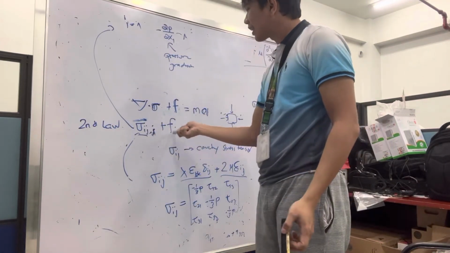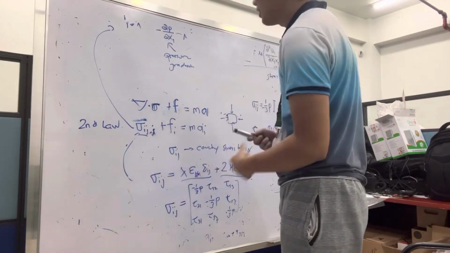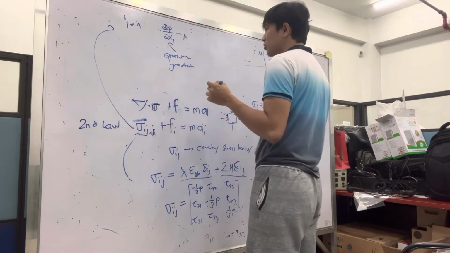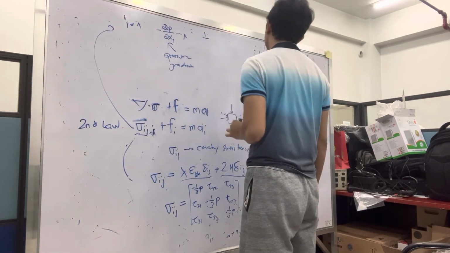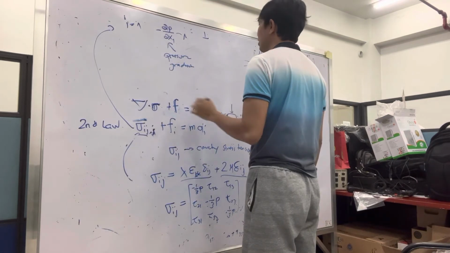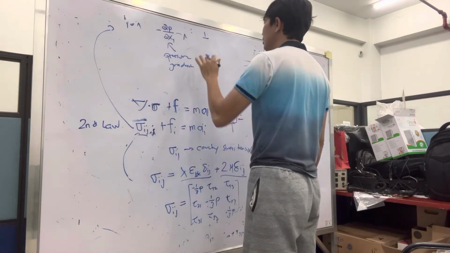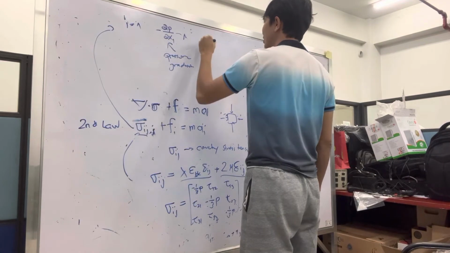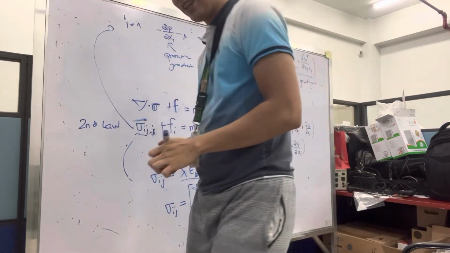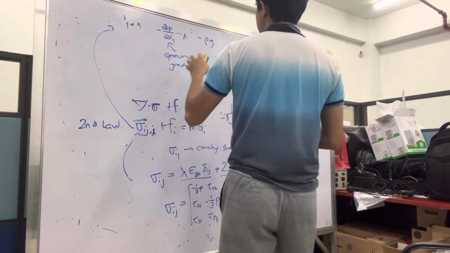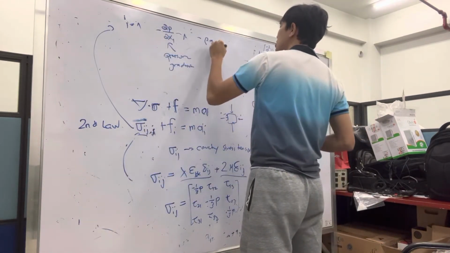So, kung magdadagdag ka ng Fi, pwede yung gravity. So, acceleration due to gravity. So, 1 over rho g. Tapos negative. So, ayan, kung y pala, so, rho gi.